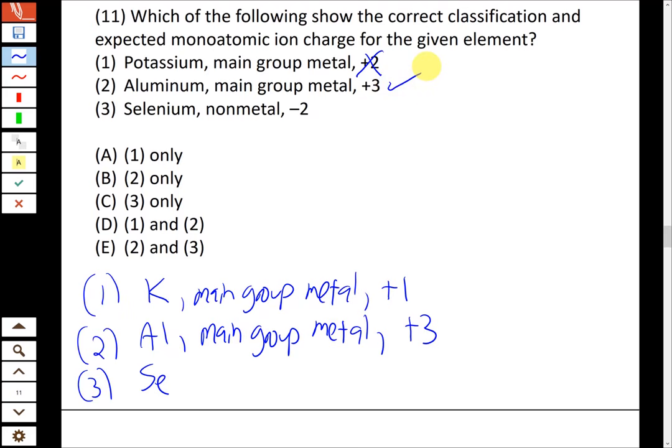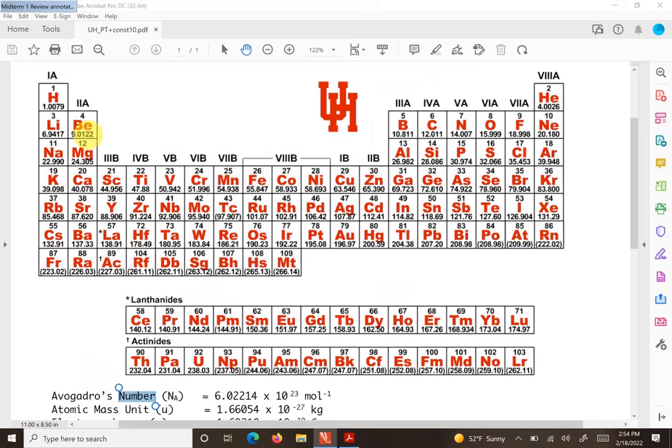And then if we go to selenium, which is Se, selenium is over here. It's clearly to the right of the imaginary staircase, so it's a non-metal. So it's a non-metal element, and then it's going to be on the non-metal side, so we expect it to form an anion. So when it forms an anion, it's going to gain the number of electrons that it needs to get to the nearest noble gas. And so this time it's going to gain 1, 2 electrons.